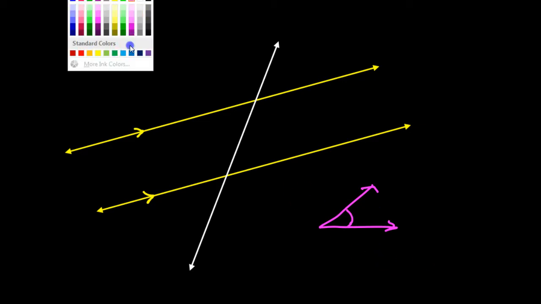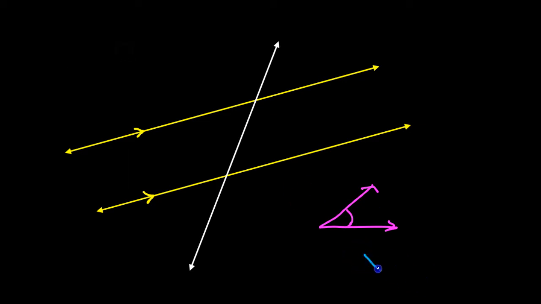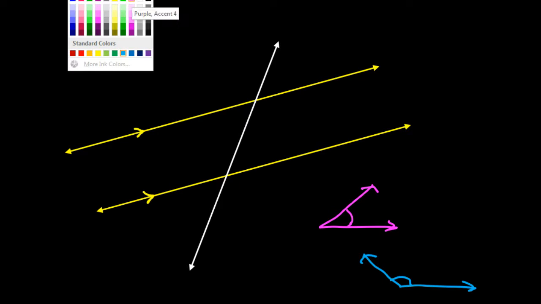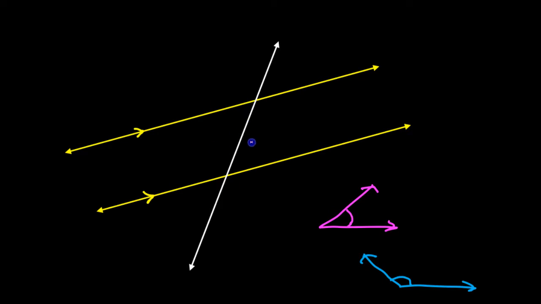On the other hand, this is an obtuse angle because it is greater than 90 degrees. So when you look at this picture, some of the angles are acute and some of them are obtuse. Okay, so I'm going to go through and letter all of the acute angles that I see.